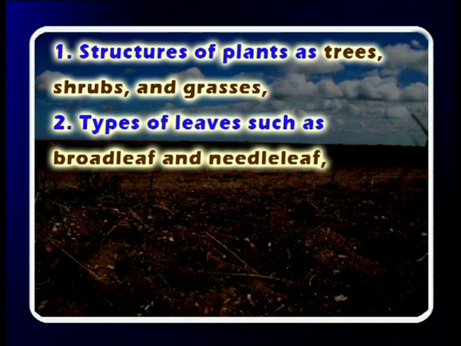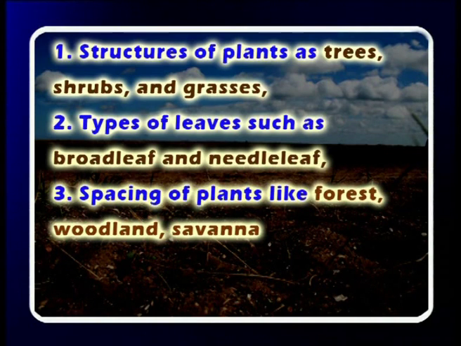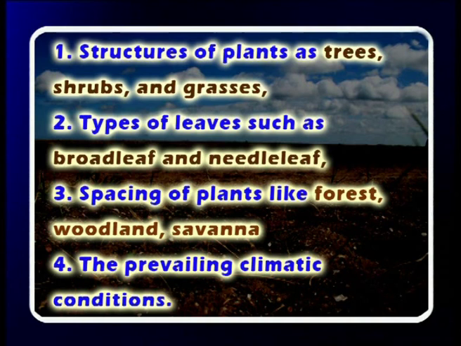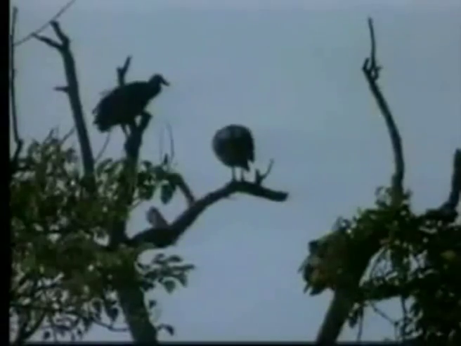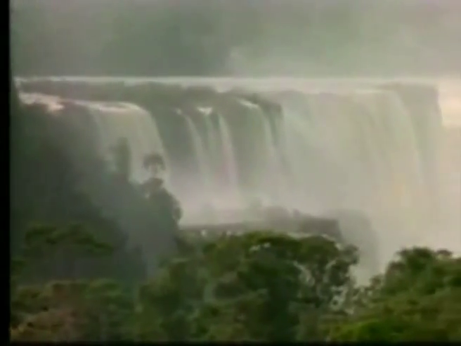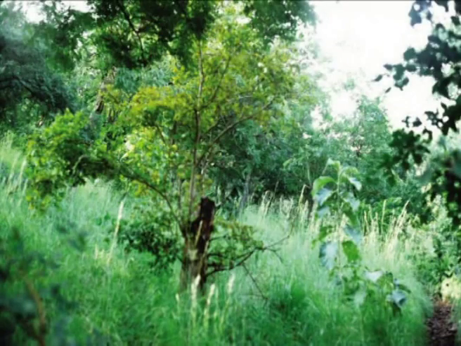The types of leaves, such as broadleaf and needle leaf, are the categories, and the spacing of plants refers to forests, woodlands and savanna, and the prevailing climatic conditions include temperature, humidity and other factors. Biomes are not classified by genetic, taxonomic and historical similarities as done in biology. Biomes are often identified with particular patterns of ecological succession and climax vegetation.